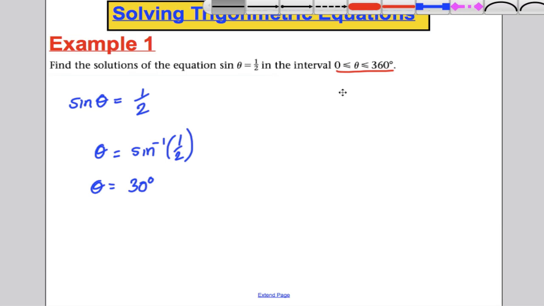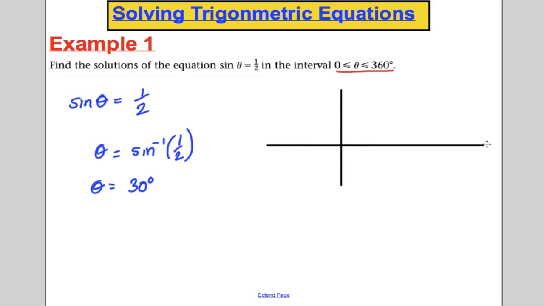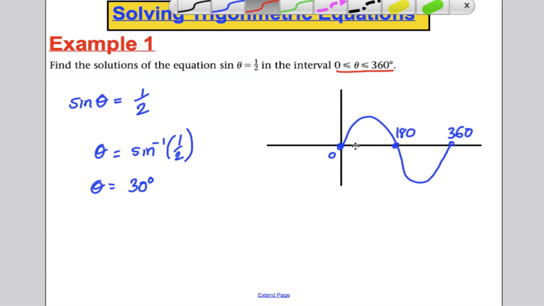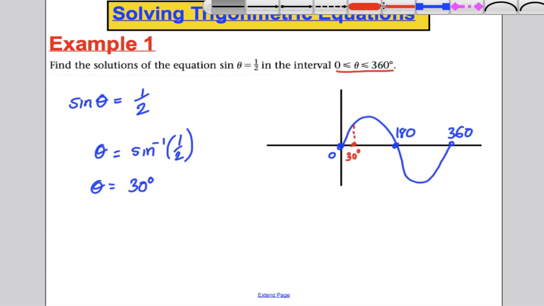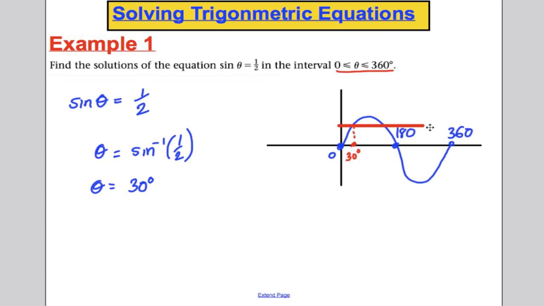You then straight away draw your graph and you go in between 0 and 360. We know sine looks something like this: 0, 180, 360. And your principal value, which you're going to draw in, is here at 30 degrees. So you're going to draw a line up here, and you're going to go across here, and you're going to find where else sine is the same.